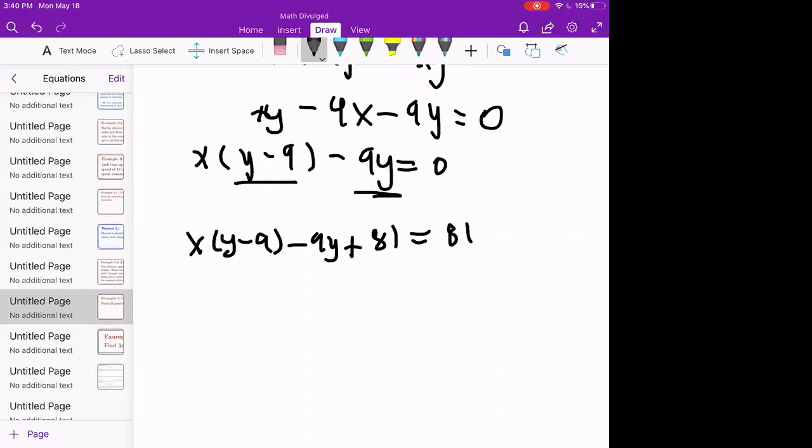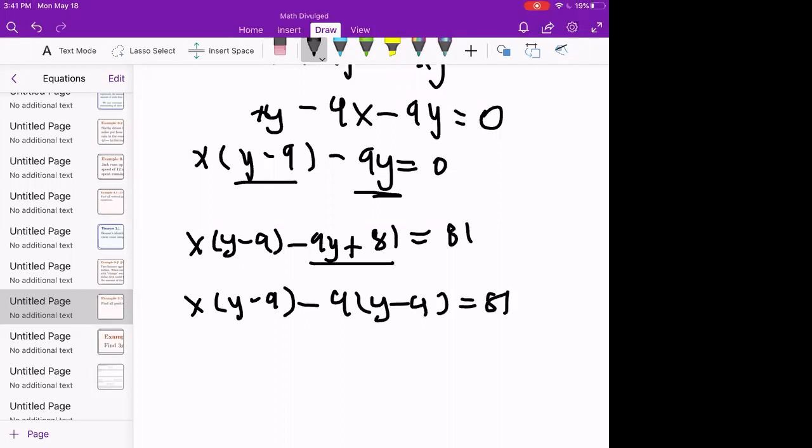So now we can factor out the y minus 9 from this expression. So this is just x times y minus 9 minus 9 times y minus 9 is equal to 81. So as you can see, the reason we added the 81 was to make this a bit neater, there we go, in order to make this more factorable, in order to get this y minus 9 term.